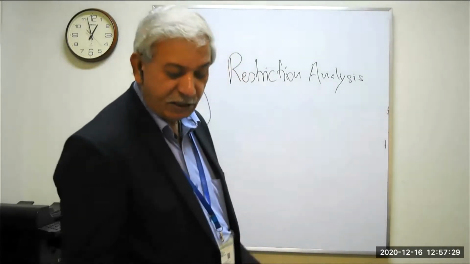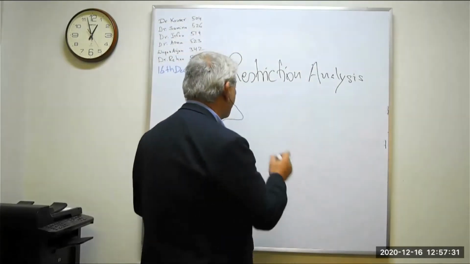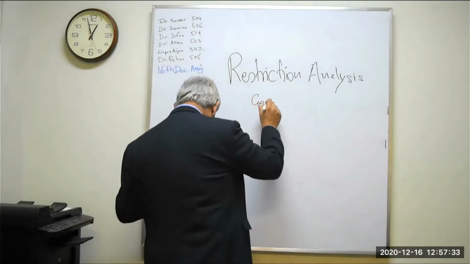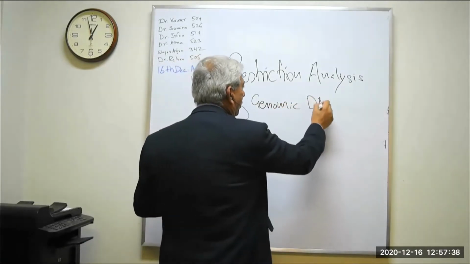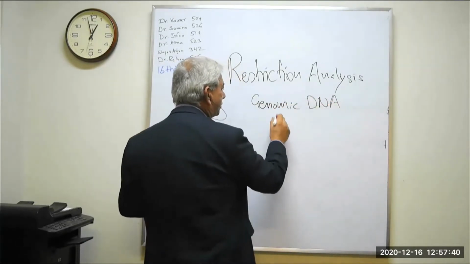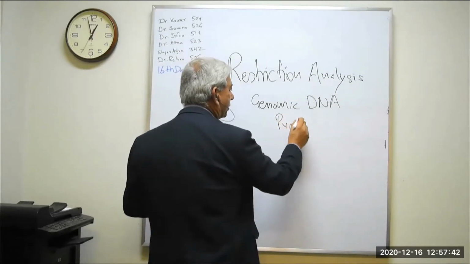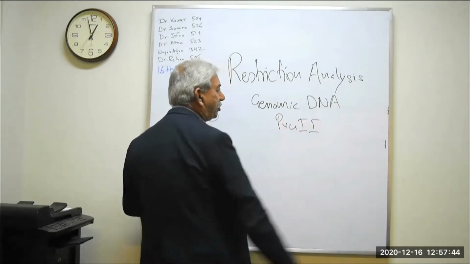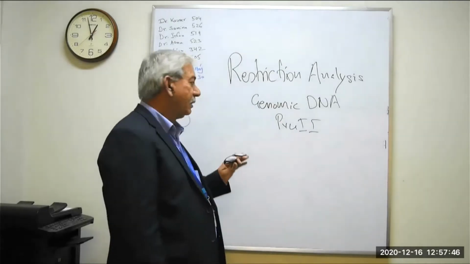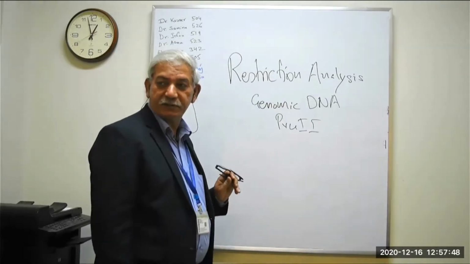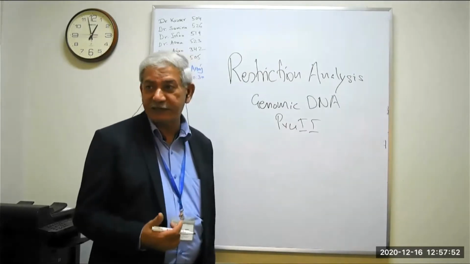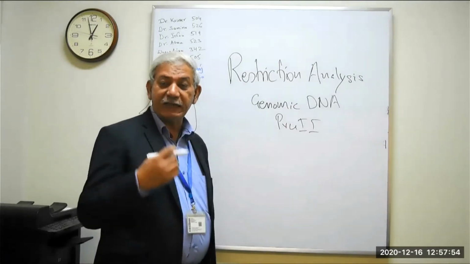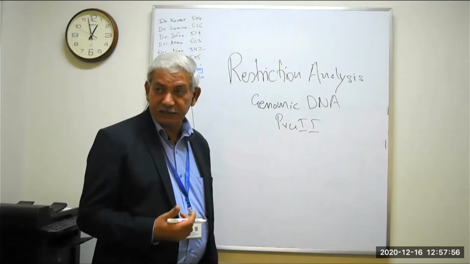So what I mean is, if we cut the genomic DNA with PvuII, what should we expect? Discrete fragments or some other kind of pattern? And if some other kind of pattern, then why should that pattern appear like that?